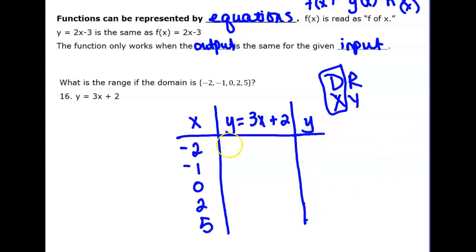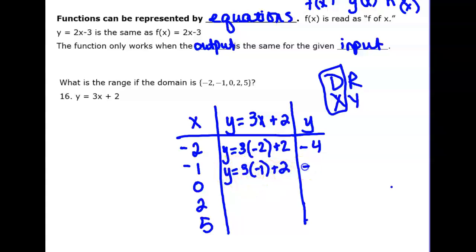When we do that, y equals 3 times -2 plus 2, which is -6 plus 2, which is -4. So our output would be -4. Here we would have y equals 3 times -1 plus 2, which would be -1. Then y equals 3 times 0 plus 2, which would be 2. And then y equals 3 times 2 plus 2, which is going to be 8.